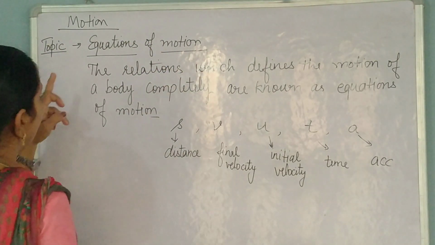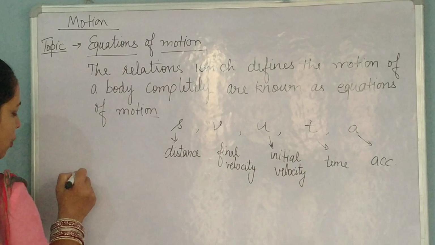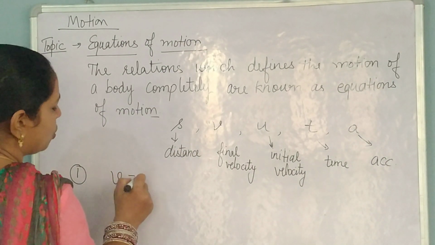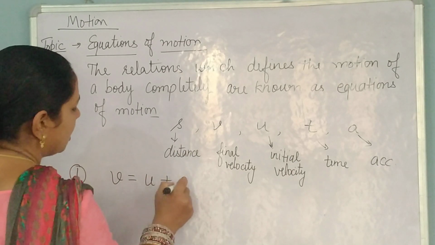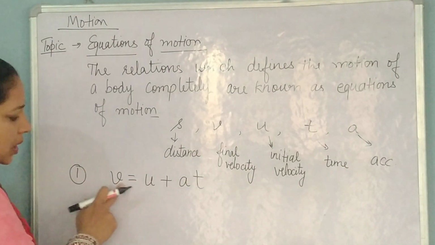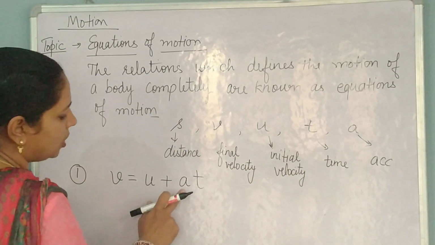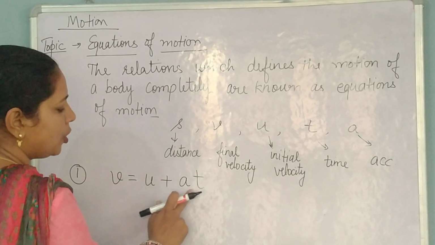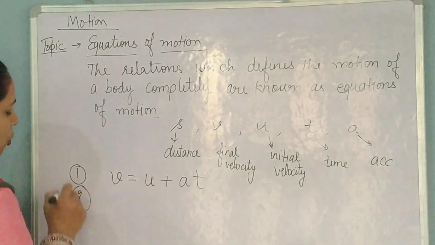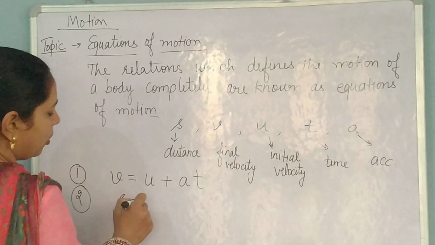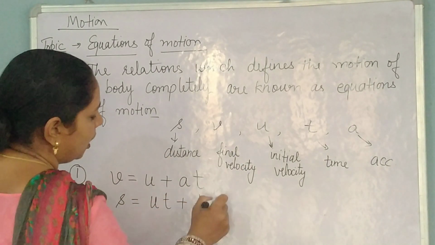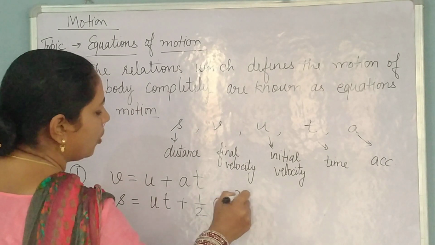Students, we have 3 types of equations of motion. First one is V equals U plus AT. Final velocity is equal to initial velocity plus acceleration multiplied by time. The second equation of motion is S equals UT plus half AT square.